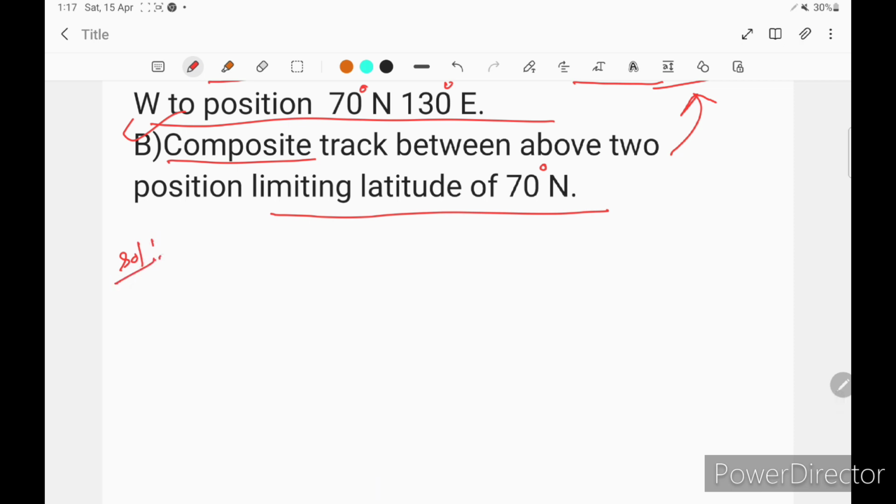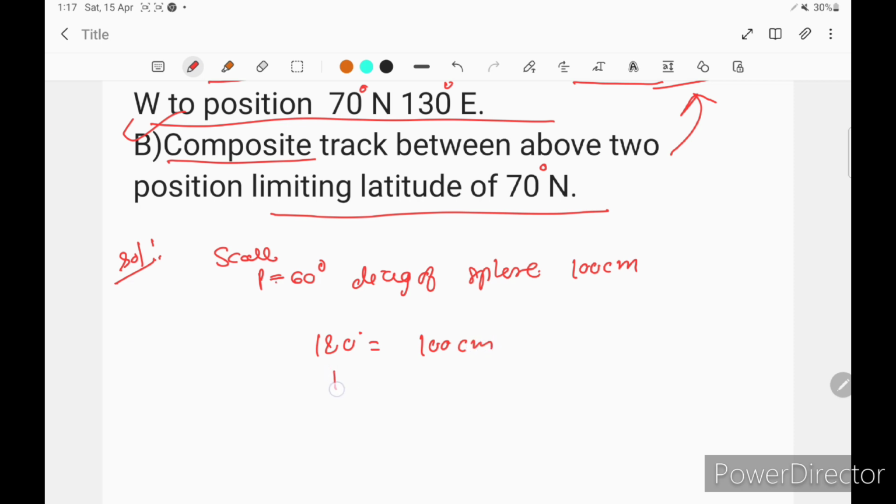Directly we cannot plot on the chart, so we have to reduce the scale. Scale: P is equal to 60, the diameter of the sphere is 100 centimeters. So for 180 it is 100, and for 10 it is 5.555 cm.